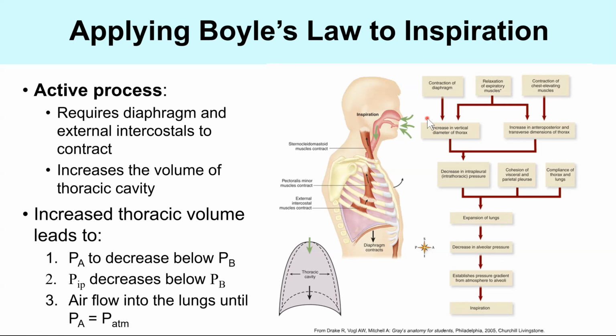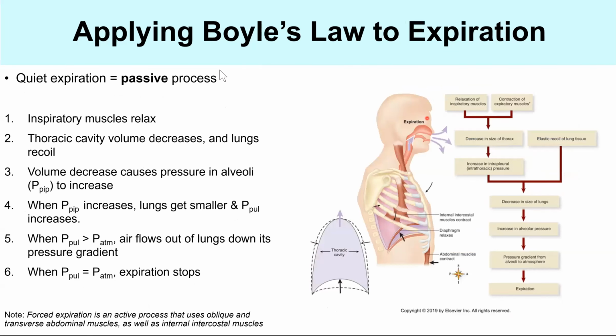At that point, we are going to start doing quiet expiration, a passive process in which our inhalation muscles, our external intercostals and our diaphragm, are going to relax. This is going to cause a decrease in the size of the thoracic cavity. This volume decrease causes pressure in the alveoli to build.